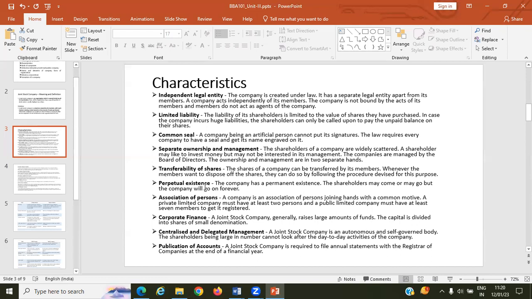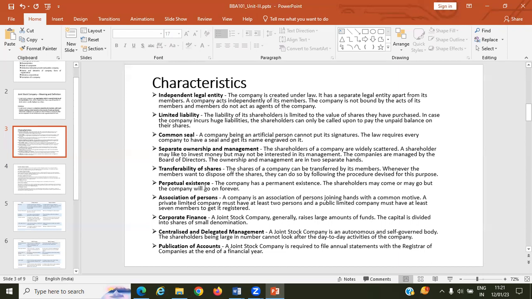Any big company that is public, selling its shares in the market, has practically unlimited capital because they are pulling money from the open market. People are investing and all this money is used in the business.